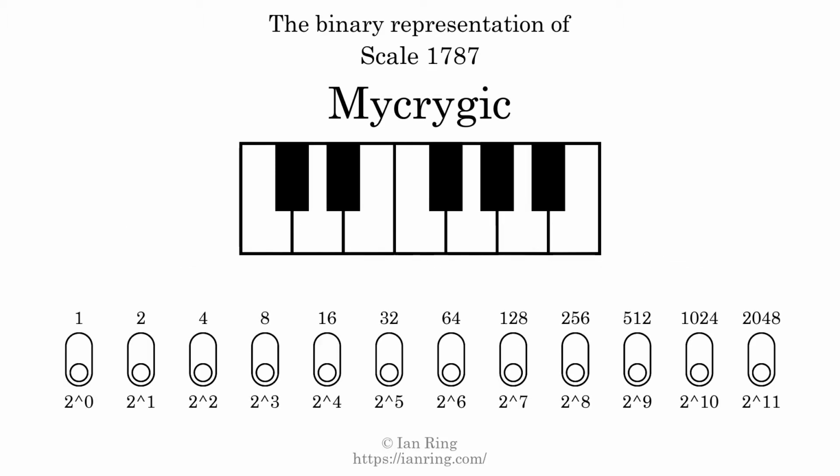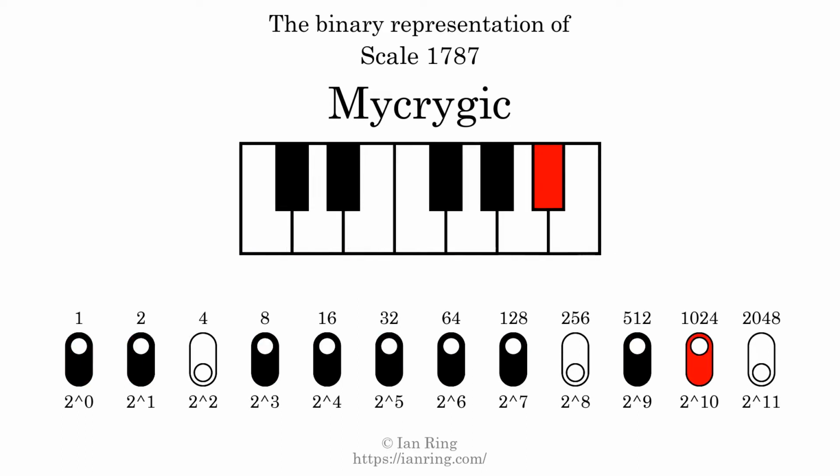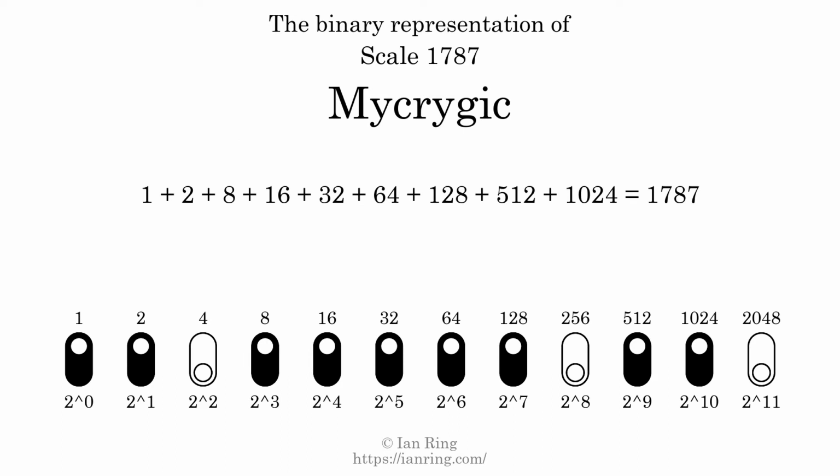The binary representation of this scale is determined by mapping tones of the scale to binary digits. Each binary digit represents a power of 2. To get the scale number, we add the powers of 2 together. The powers of 2 that are present in the scale, all added together, equals 1787.